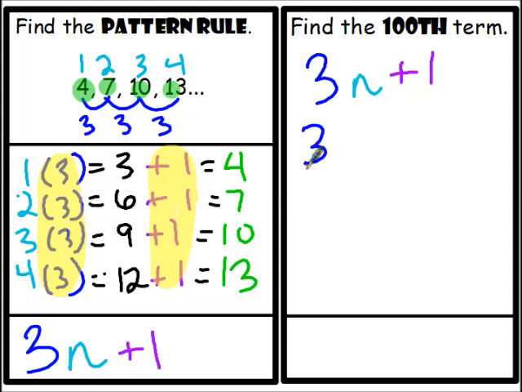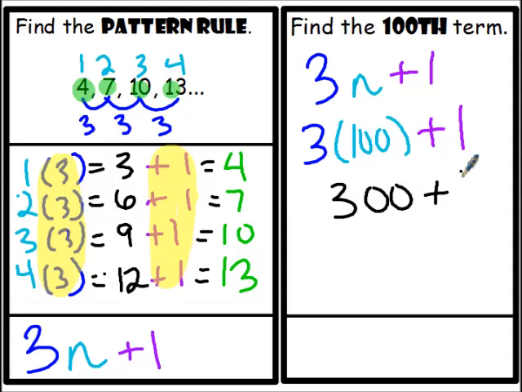And if we want to find the 100th term in the sequence, we would substitute 100 for n, multiply, and then add. So 3 times 100 would give us 300, plus 1 would give us 301. So we know that the 100th term in the sequence would be 301.